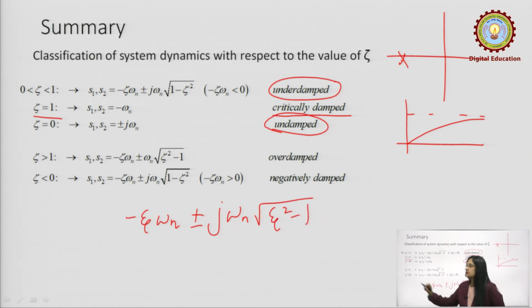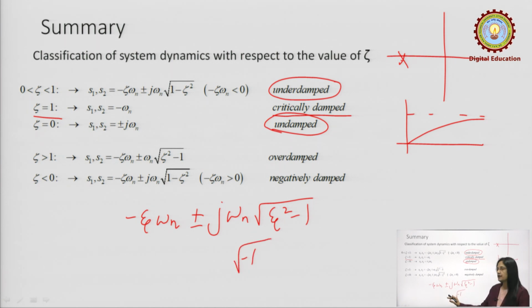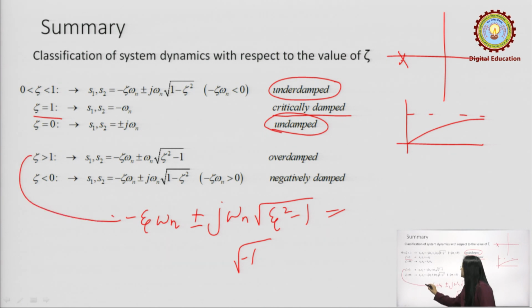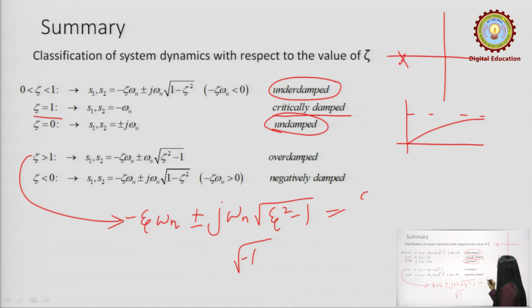When zeta is greater than 1, we have a minus 1 root outside, and therefore we are left with no imaginary term.